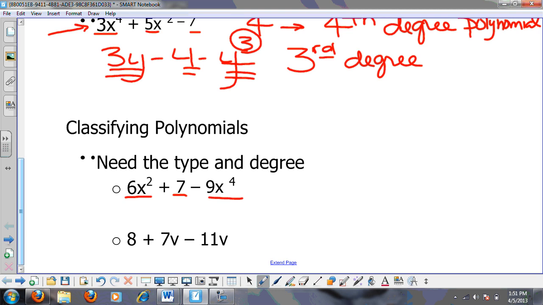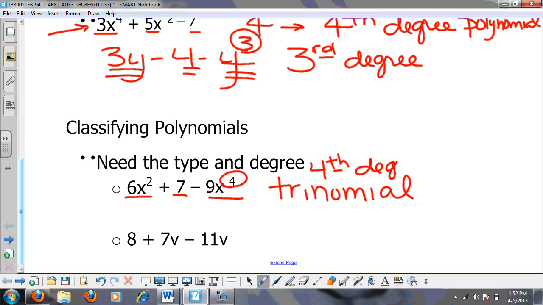Since it's 3 different terms, it's called a trinomial. Okay, what is the highest degree that we have? It is a 4. So it's a 4th degree trinomial.